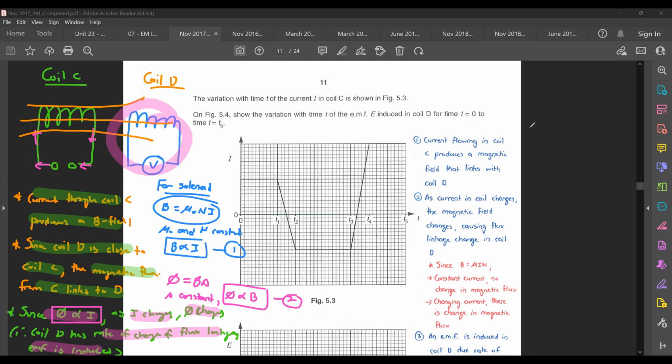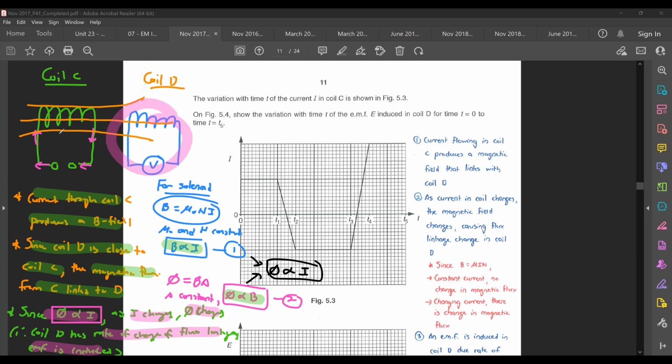So flux density proportional to current, flux proportional to flux density. If you were to combine both of these together, you're going to get flux being proportional to current. So that if you have current changes, you're going to have flux changes too. That's how I got this relation here.